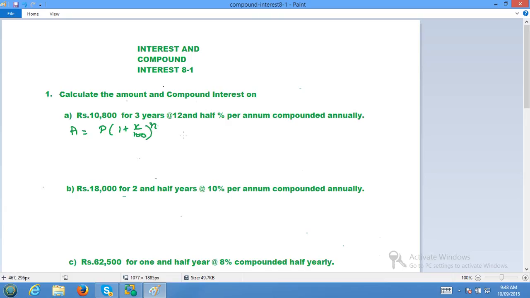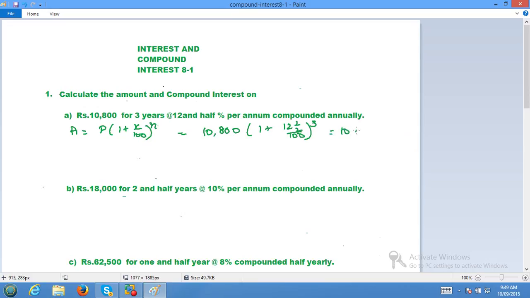In this case, the principal is 10,800, the rate is 12.5%, so 12.5 divided by 100 to the power n. N is the number of years, which is 3. If we expand it and solve it, we'll get the answer.